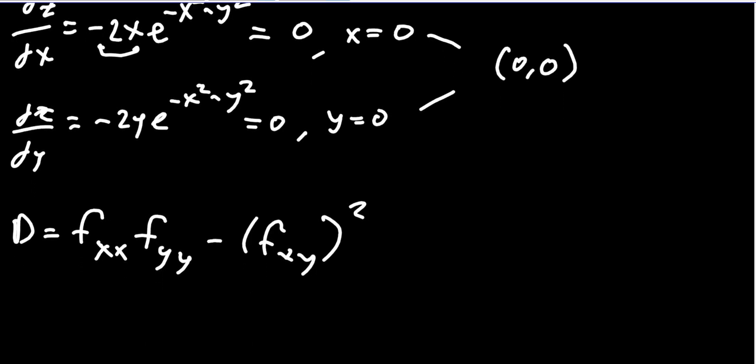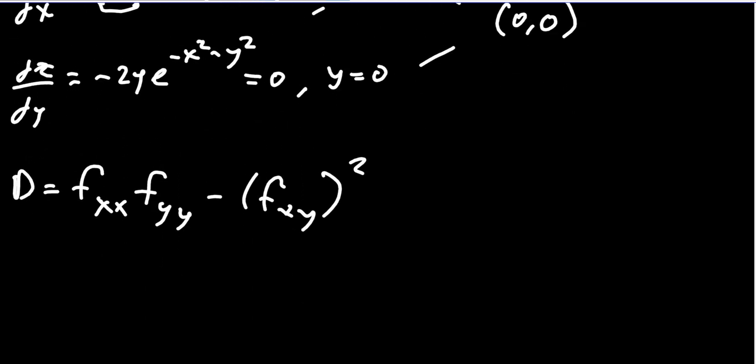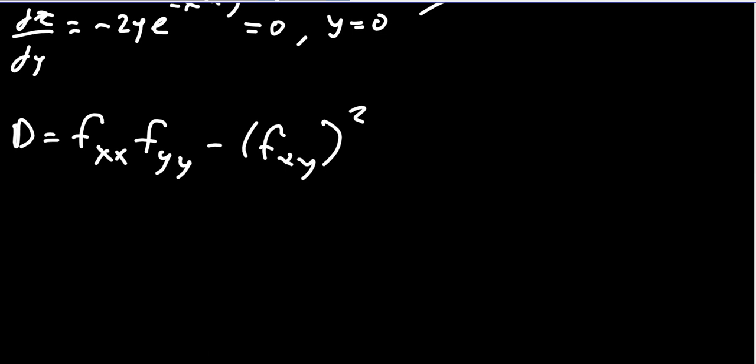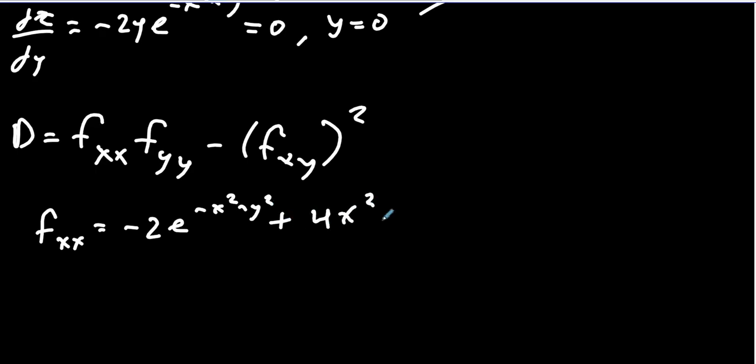So all we now need to do is use the product rule and say that f_xx, the second partial with respect to x, is equal to negative 2 e to the negative x squared minus y squared plus 4x squared e to the negative x squared minus y squared.